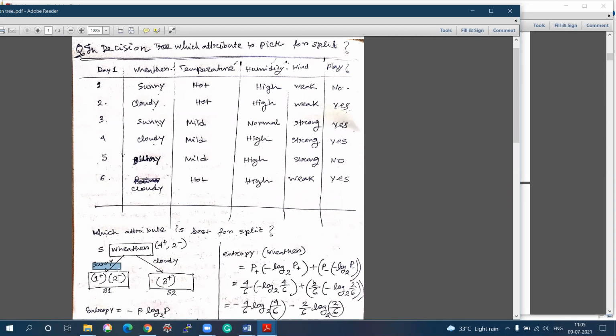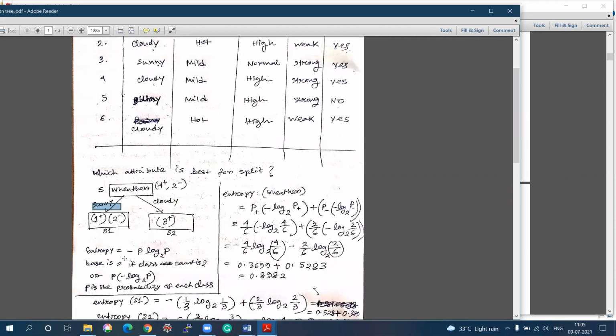How will we calculate entropy? Entropy is minus p log p base 2.